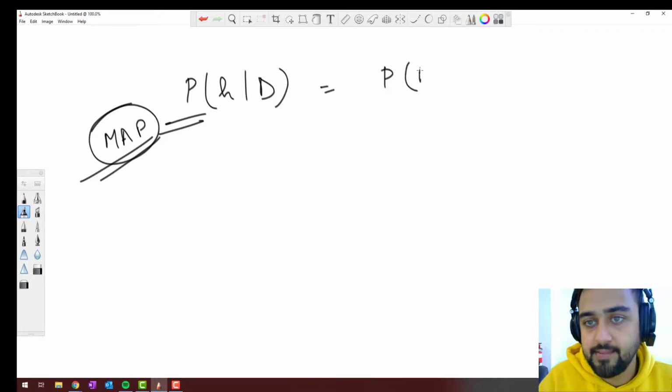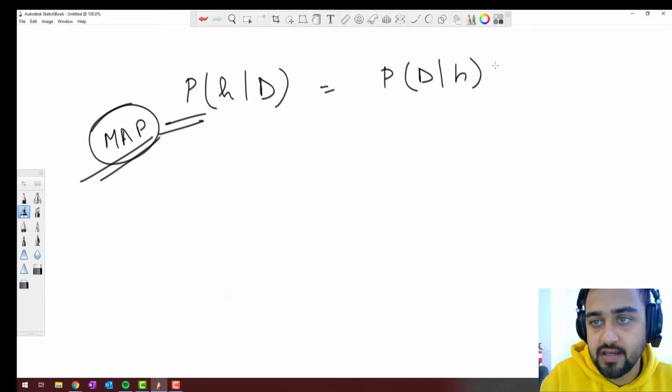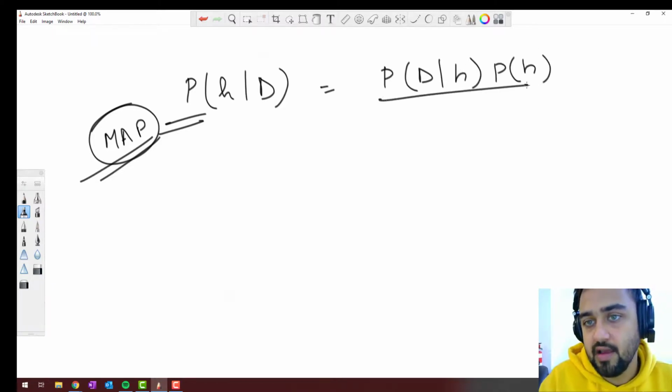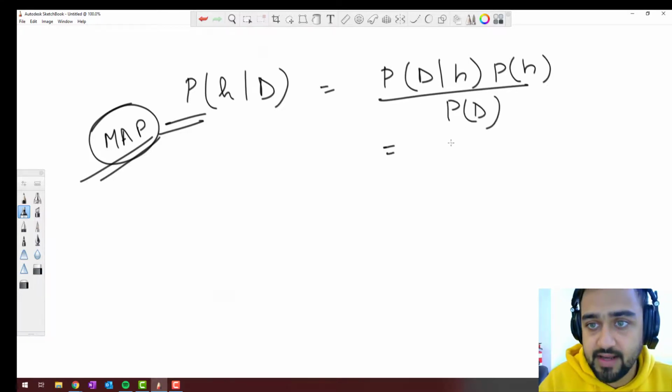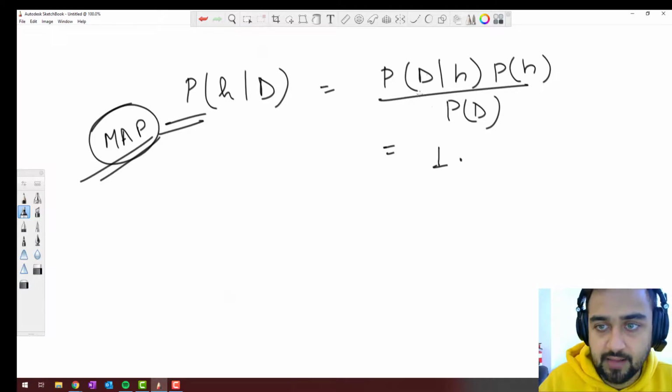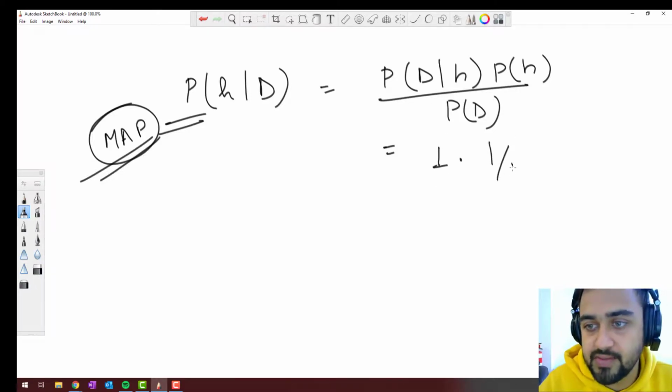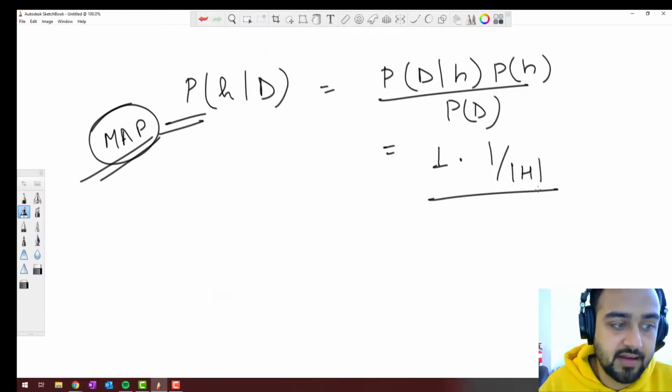This can be written as P of D given H into P of H divided by P of D. I'm not taking the 0 value because we just want the hypothesis space that is consistent with the data.